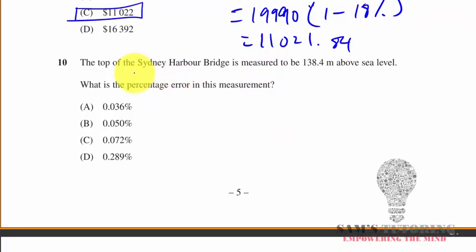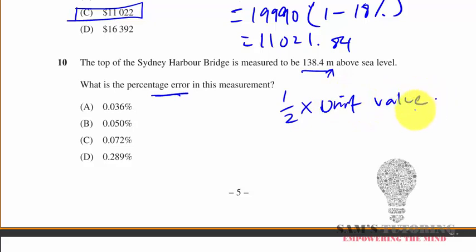The top of the Sydney Harbour Bridge is measured to be 138.4 meters above sea level. What is the percentage error? Percentage error is half of the unit value over original, times 100. Now, what's the unit value?